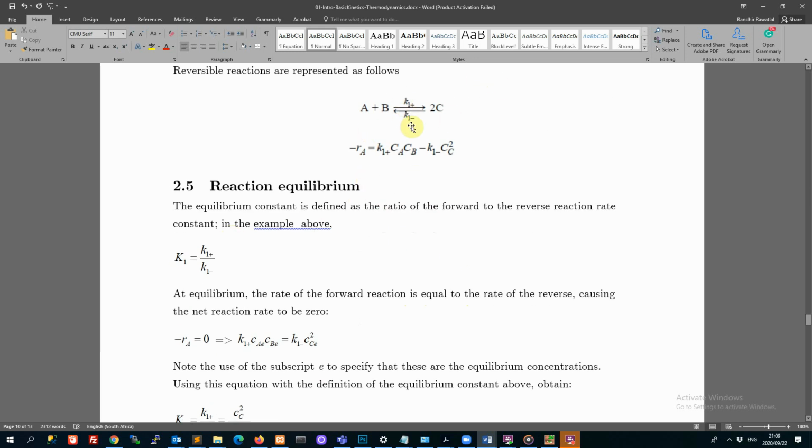Now, if it's reversible, then it's possible to reach some equilibrium amount of each of these. So if we imagine that we start with only A and only B, let's say we start with 10 moles of A and 10 moles of B, then we are not at equilibrium. Then the tendency is that the system is going to run away and start producing C straight away.